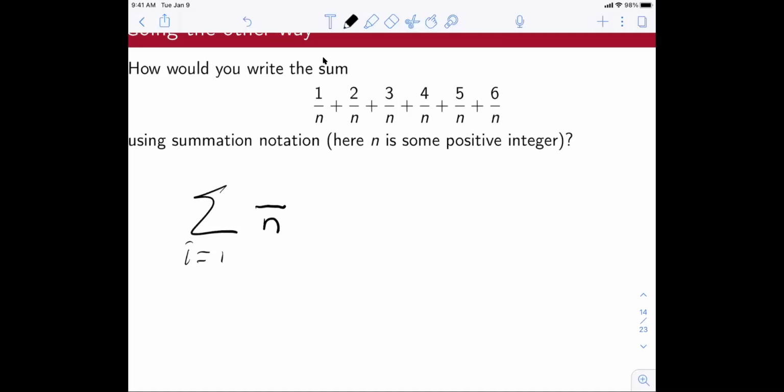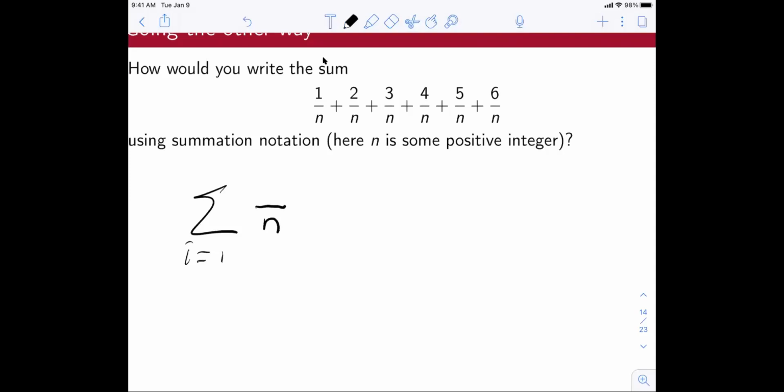Okay, and then what is changing? The constant on top, right? So in the first term, that constant is 1. And then the next term, that constant has increased by 1, and in the next term, that numerator has increased by 1. And the next term, that numerator has increased by 1. That's exactly what we do with this sigma notation, right?